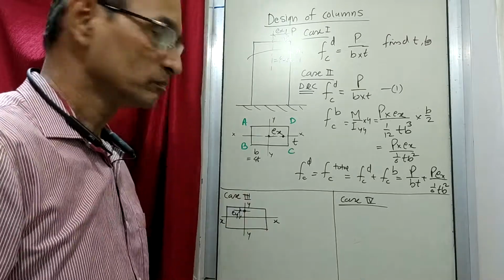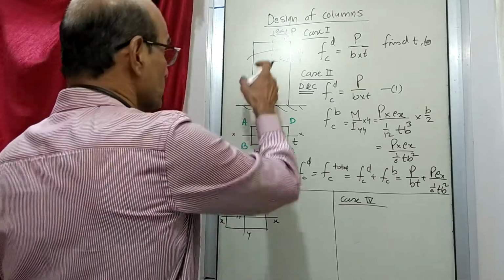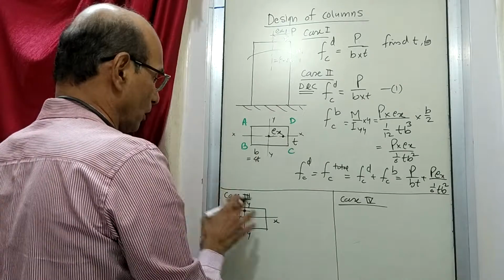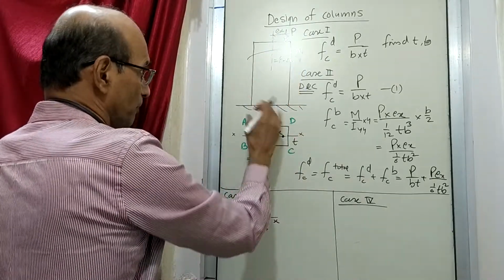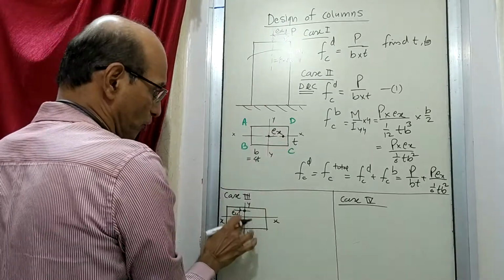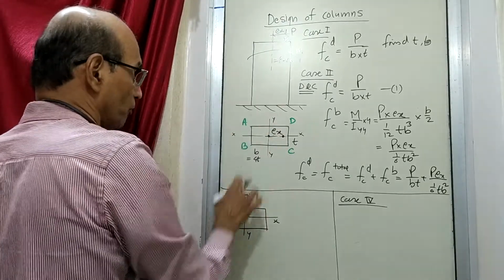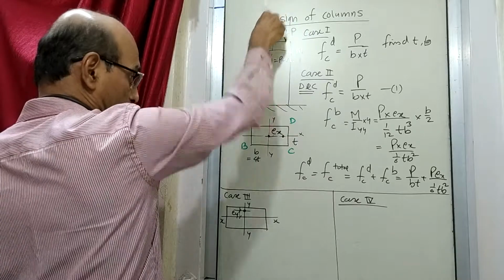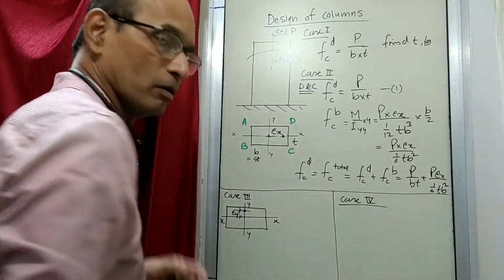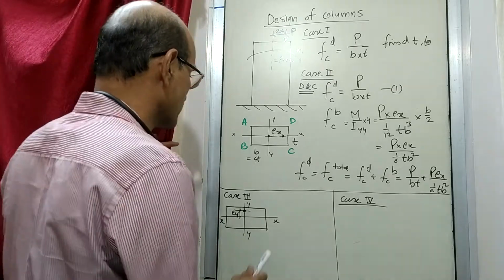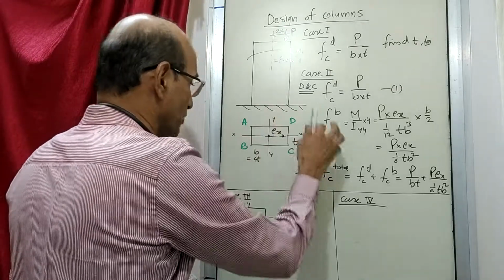Now if you draw the top view, you draw the front view again, and below that front view, the top view will be drawn like this. So in the front view and top view, the position of P will be here.